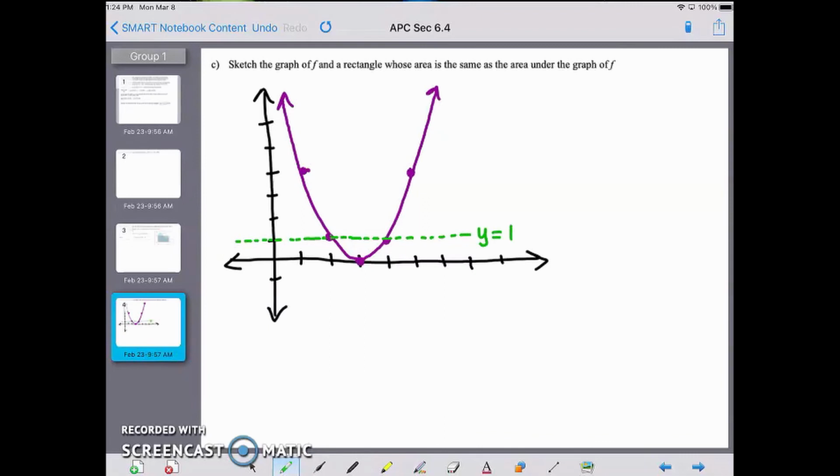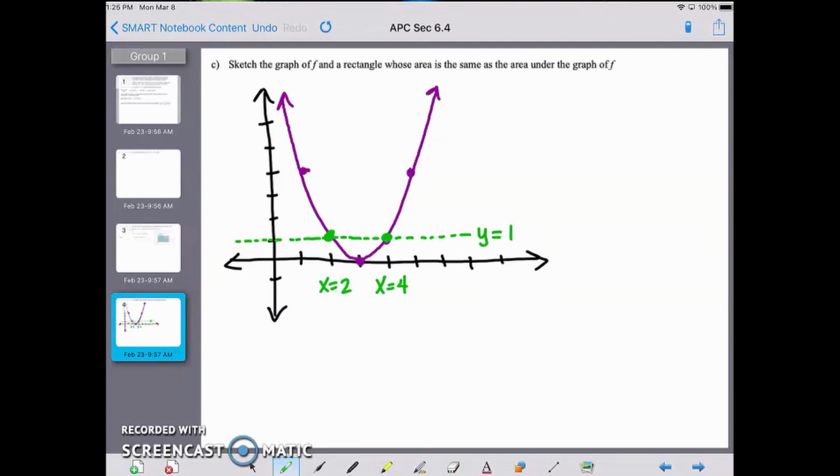And as you can see, here are the 2 locations that we found in part B where the average value of our function, which was 1, was equal to the value of our function. And that happened at x equals 2 and at x equals 4. And those were the values that we found in part B.